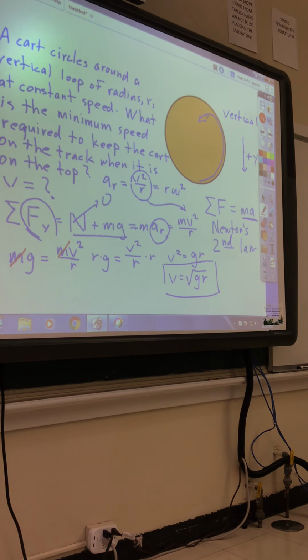It's about 9.9 meters per second, not per second squared, which is close to 25 miles an hour, we'll say. So you've got to be going 25. Of course, 10 meters is over 30 feet, which means the loop is over 60 feet high. You probably don't want to be on it, right?